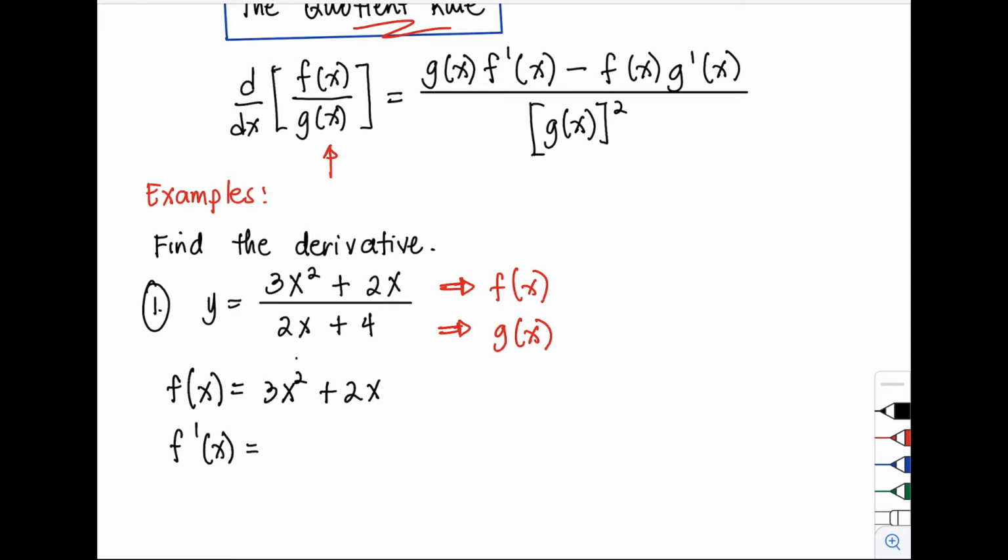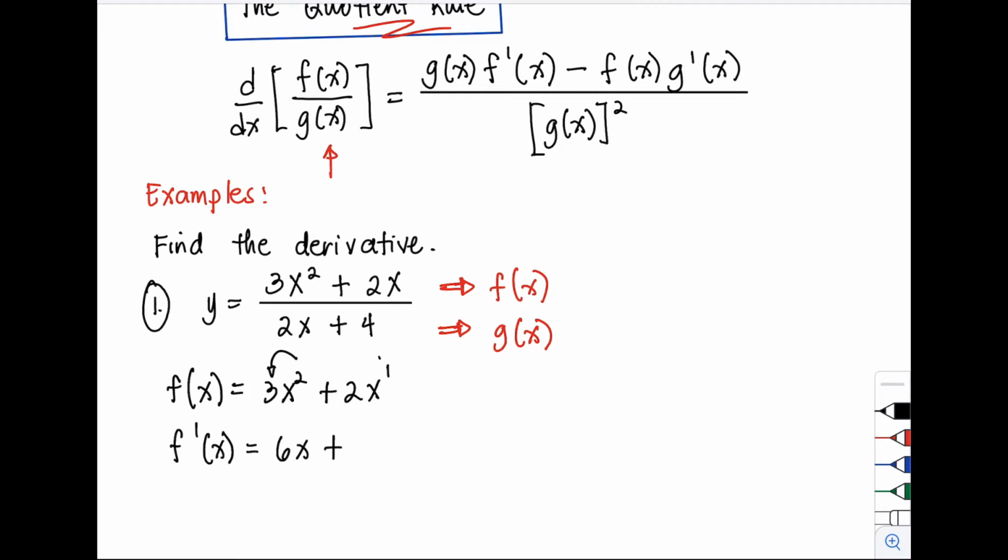So, multiply natin si 2 dito sa ating 3. So, 2 times 3, that is 6x. Then, magma-minus 1 tayo sa ating exponent. So, 2 minus 1, so we have 1. Okay? Plus, yung exponent ng ating variable dito sa second term. So, since invisible yan, understood yan na may 1.